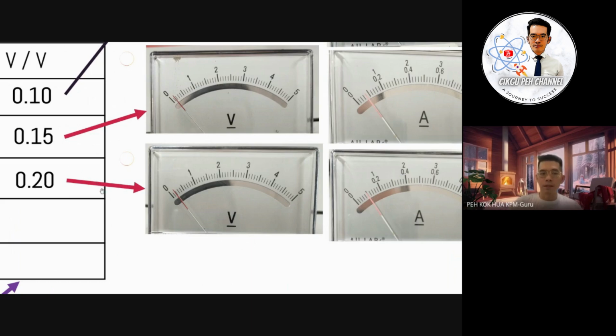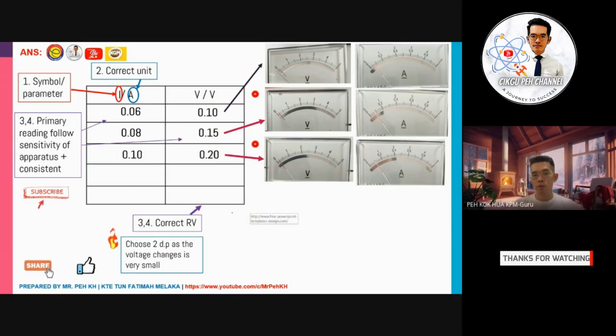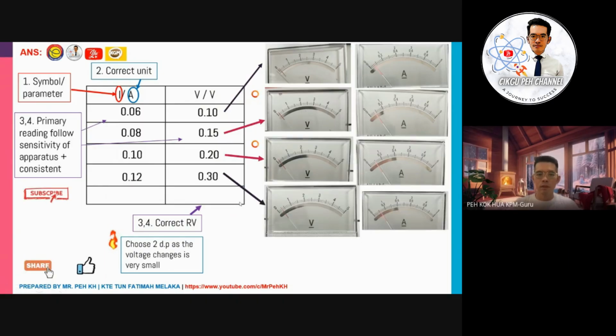So this is why we choose 2 decimal places for our smallest division, which is more visible for our data. So you can see here, the first 3 readings show an increase of the voltage. That means this is a correct way to continue our experiment. Okay, so next, you can see the third reading has no problem, where we get the reading 0.3.